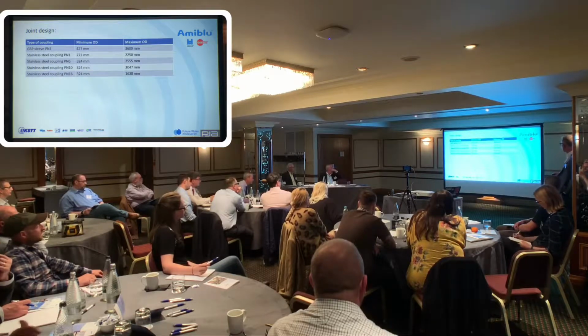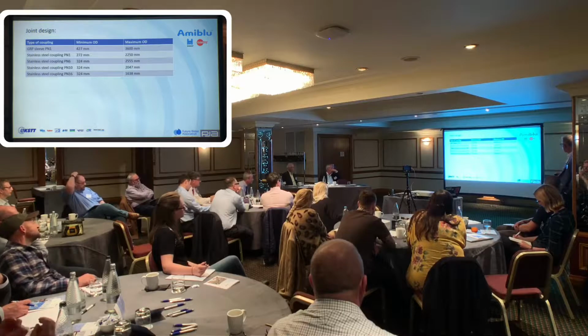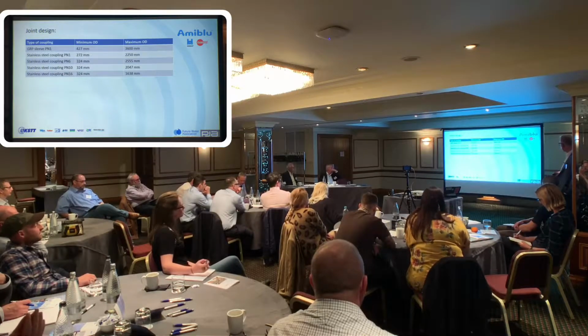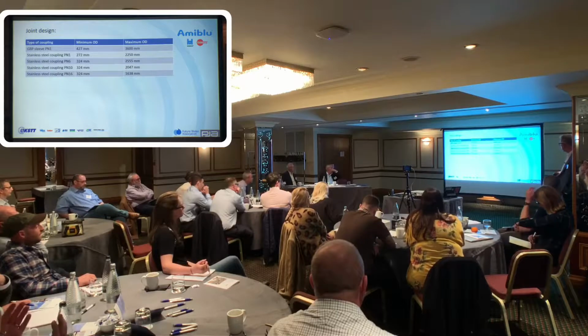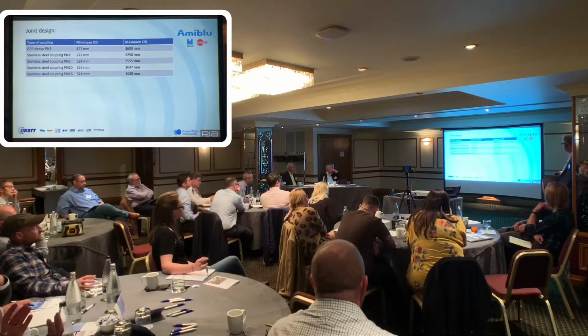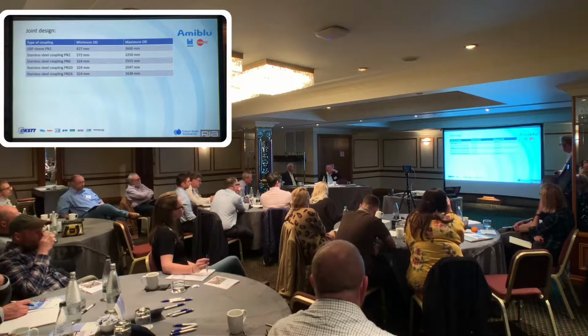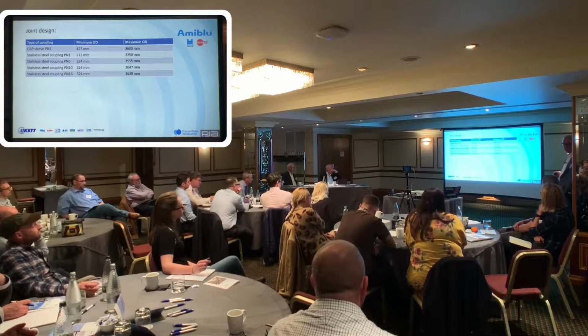The stainless steel from 200 to 2500. And the pressure applications are from 300 up to 2500, 2000 and 1600. Why is that? PN6 pipe at 3600 is, well, that's too much.